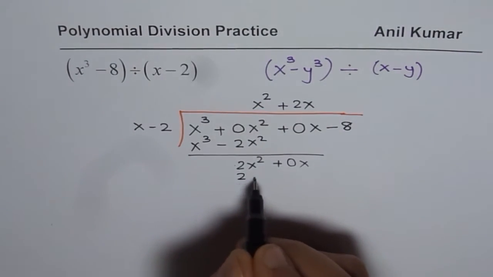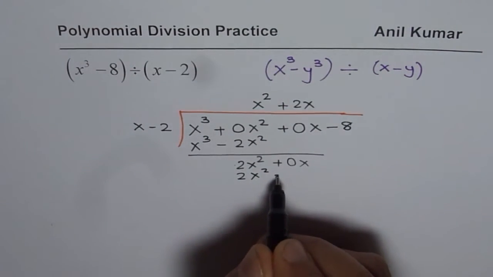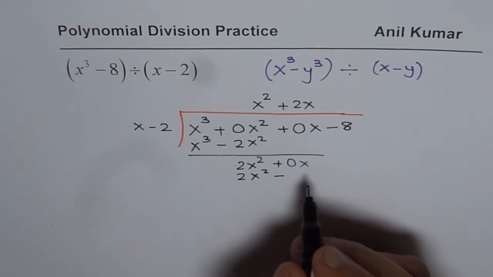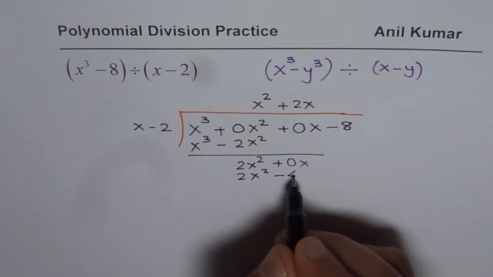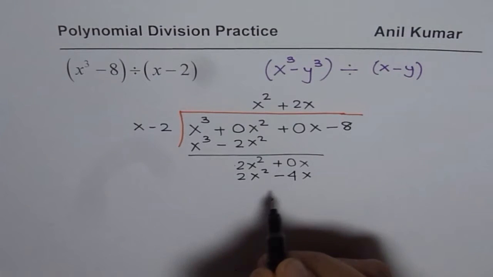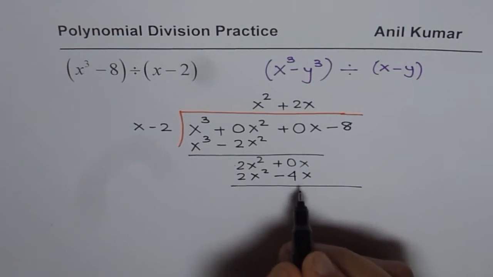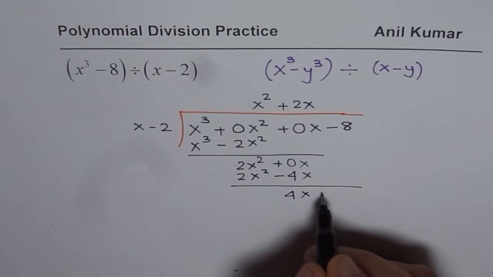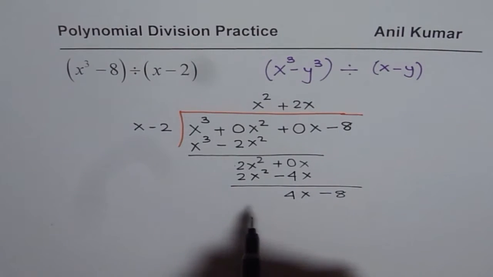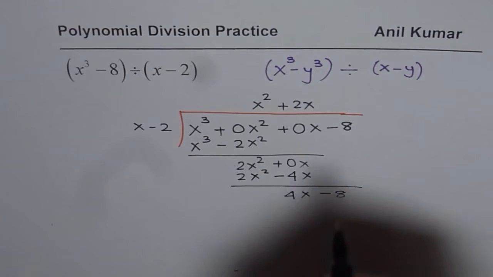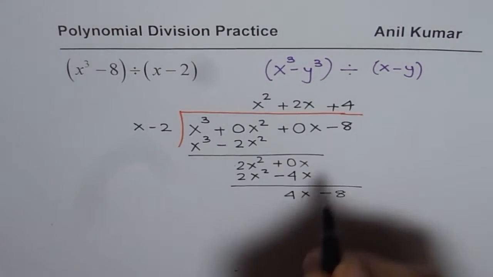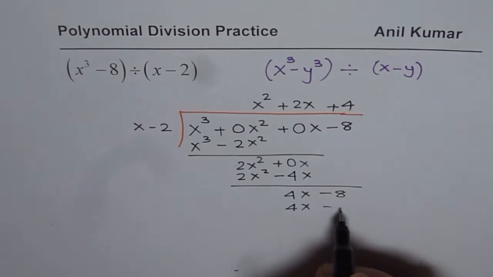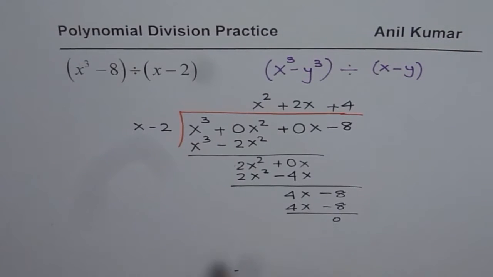So that gives us 2x squared minus 2 times 2 is 4, so we get 4x. Now again, when you take away minus 4x, you get 4x. And here we have minus 8. Now we need to multiply by 4, right? So plus 4, and that gives you 4x minus 8, 0 remainder.